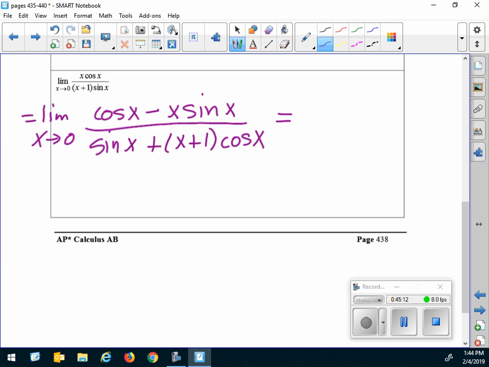Now we'll do our direct substitution and see if we have to apply L'Hopital again. I don't think we will though. Cosine of 0 is minus 0 over sine of 0 is plus 0 plus 1 is 1 times the cosine of 0 is 1. Is that it?